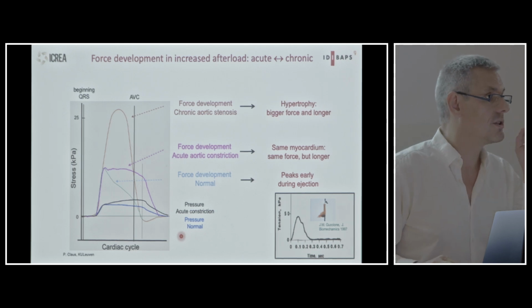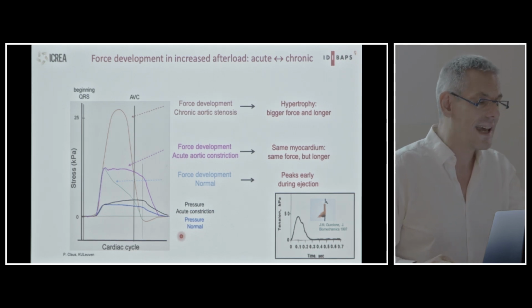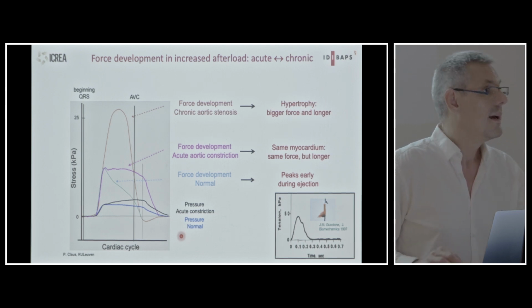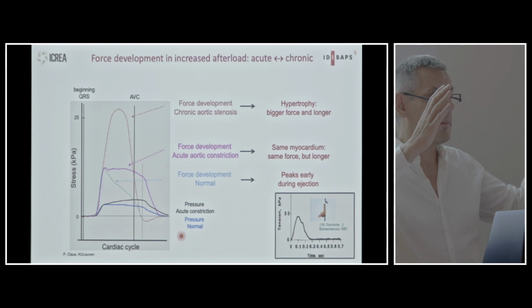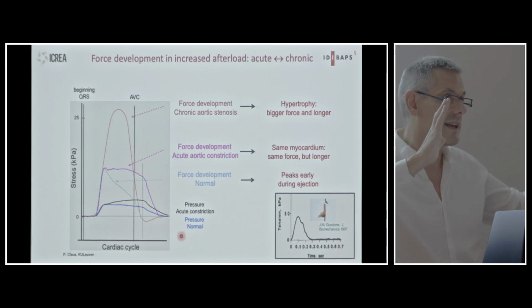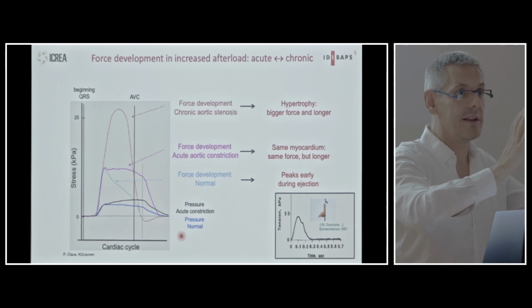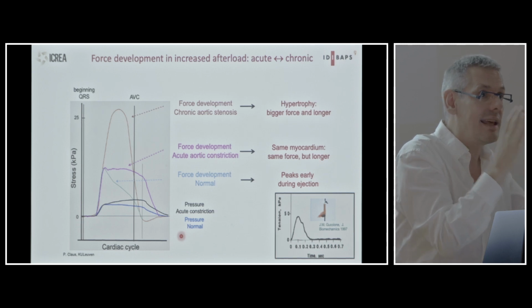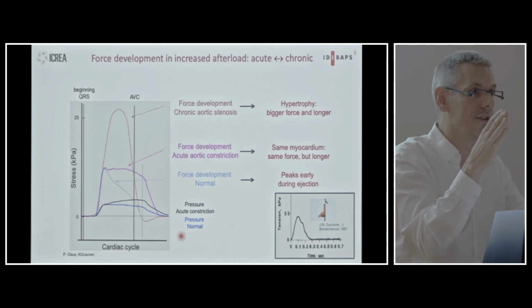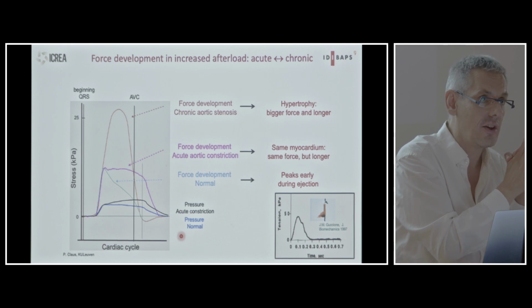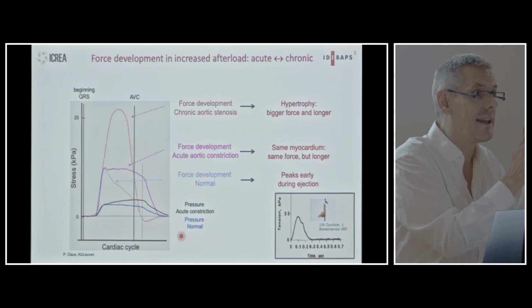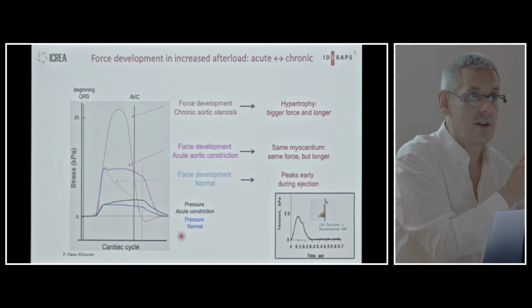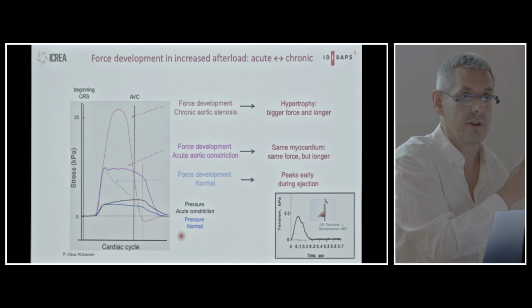One last thing, which is also still very important, is that you need to understand how force development takes place during the cardiac cycle. When we look at normal force development, what we see is that at the onset of the cardiac cycle we see force development, we see contractility, and actually your active contractile force is over by half of the ejection phase, just because you need time for the breakdown of the cross bridges.